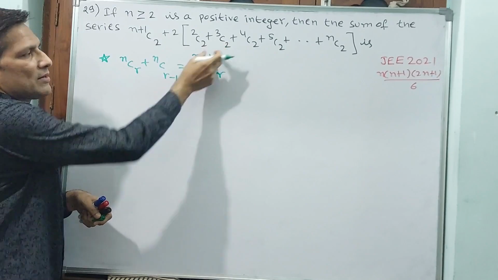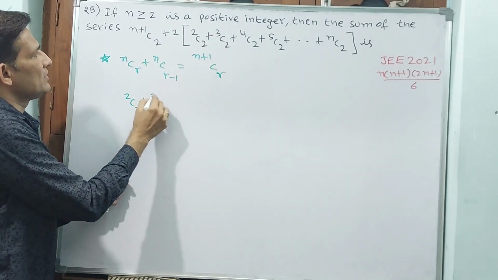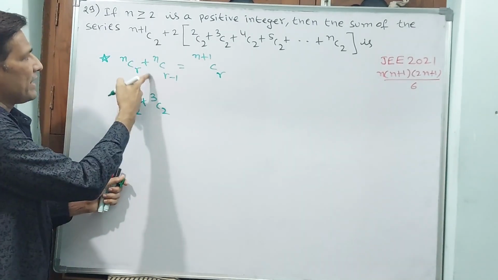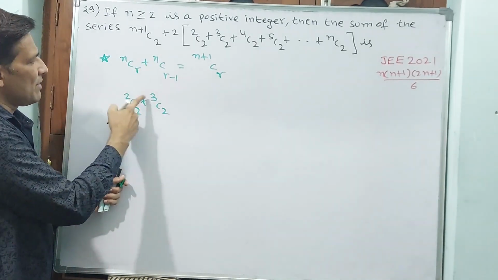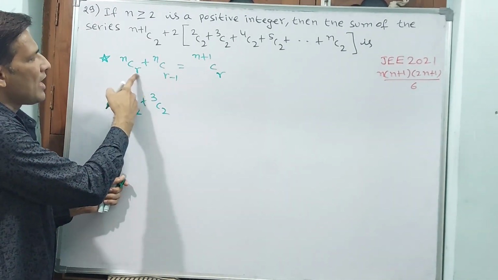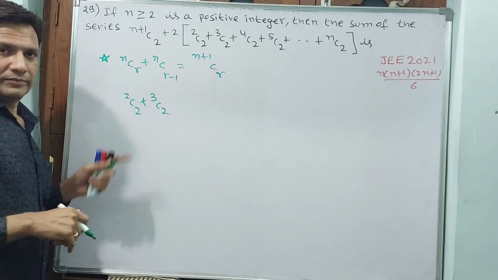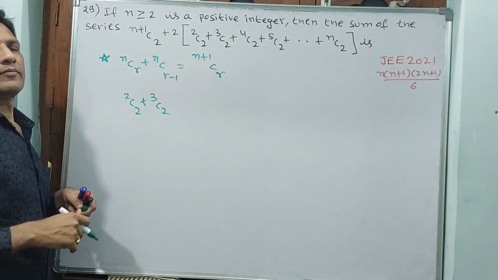To make this workable, we have 2C2 plus 3C2 here. But as per this formula, n should be the same, but here n is not the same, and r minus 1 is also not the same. Then what are we going to do?